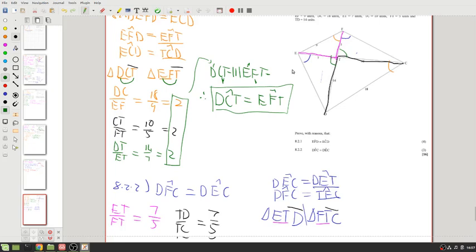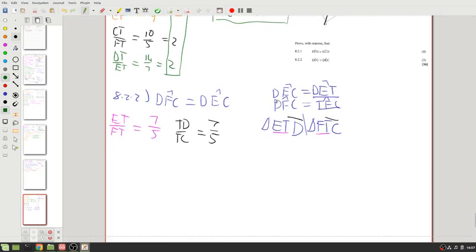Now usually we use side angle side for congruency, but it works the same with similarity. Sorry for my words. If we have sides in the same ratio and an equal angle in between, then we do know they are similar. But even the two sides in the same ratio will suffice.